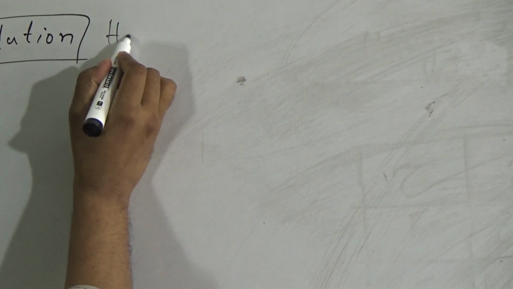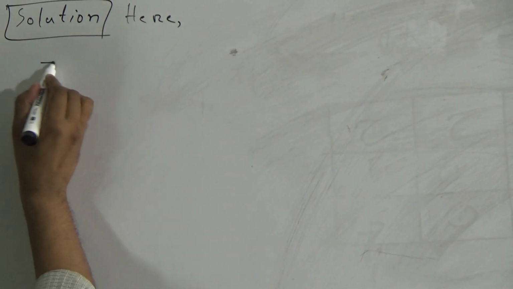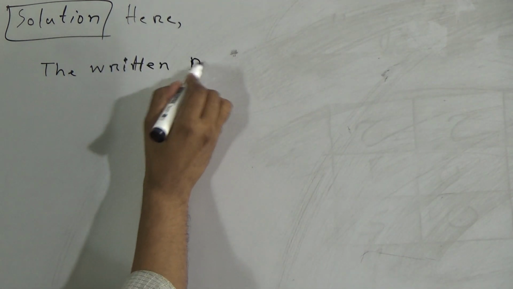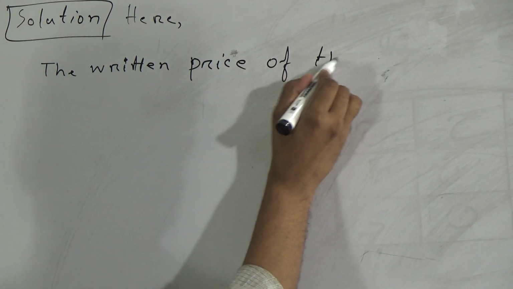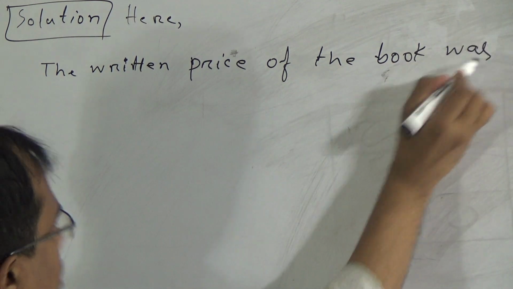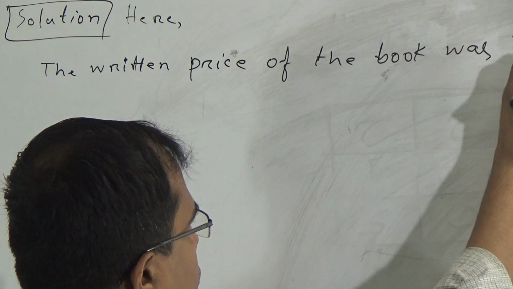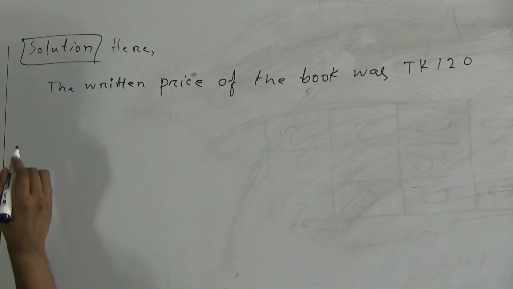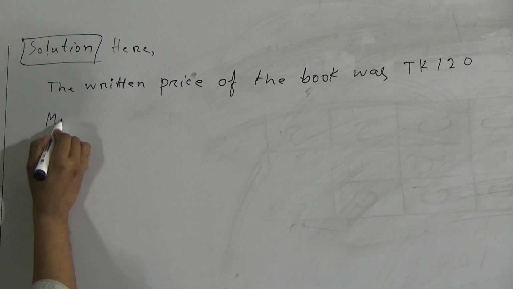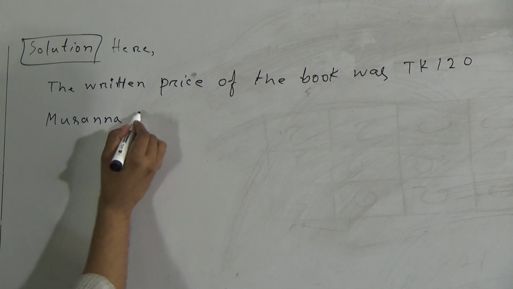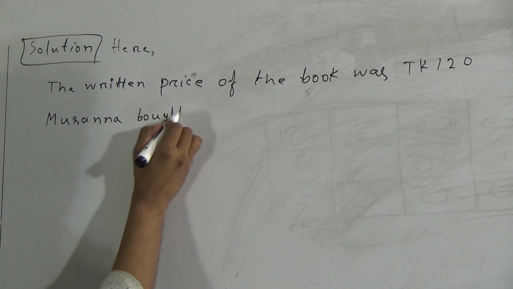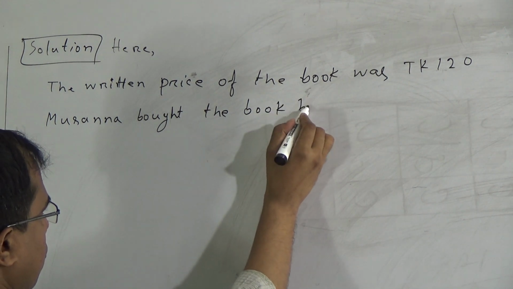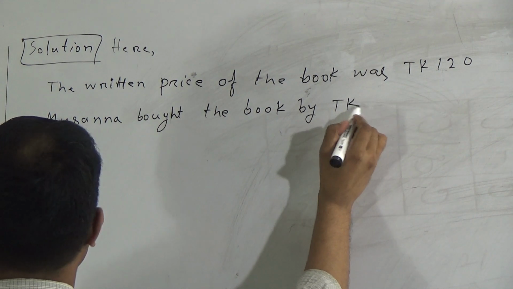Here, the written price of the book was TK 120. Musanna bought the book for TK 84.